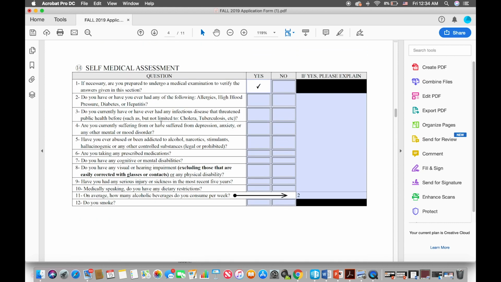Moving on, this is one of the most important things about this application form, and that is the self-medical assessment. This one, honesty is key, but when it comes to this one, I'd say this depends. If you have very severe depression, then you definitely want to say yes.